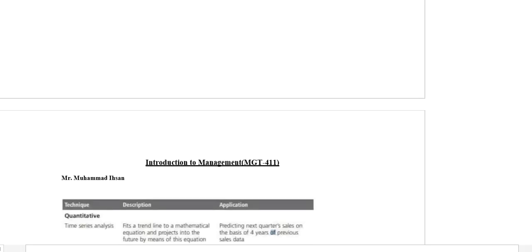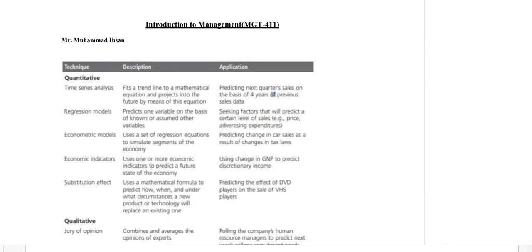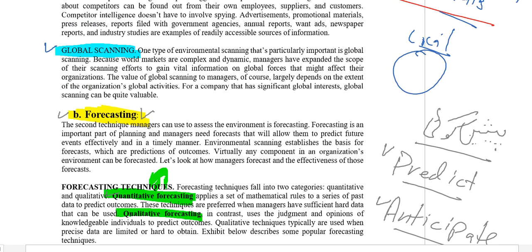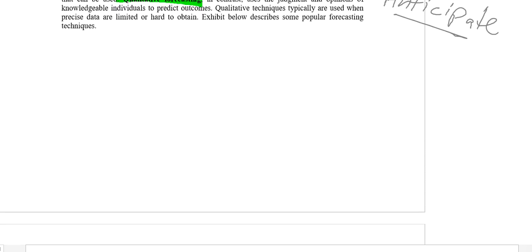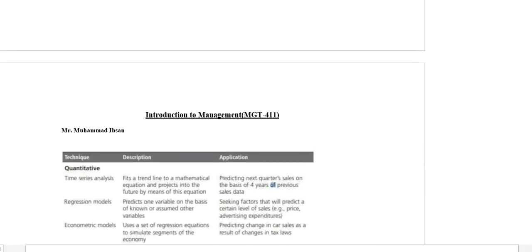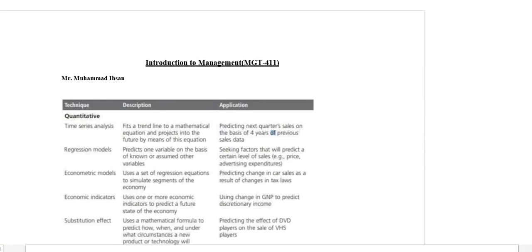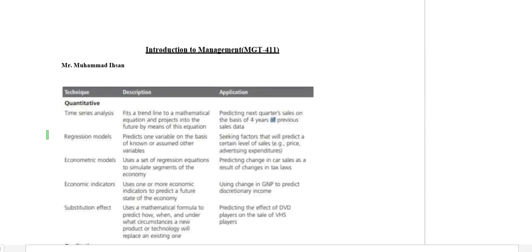So let's discuss these both one by one. First of all, we will discuss quantitative forecasting.